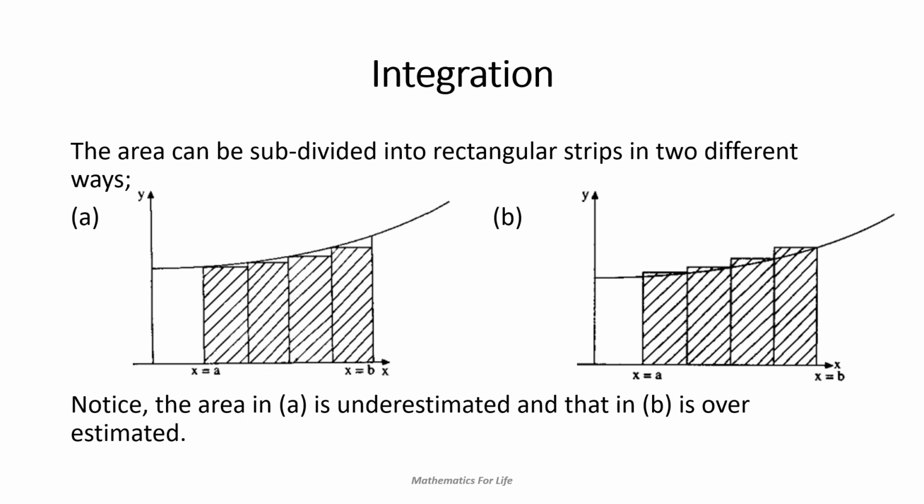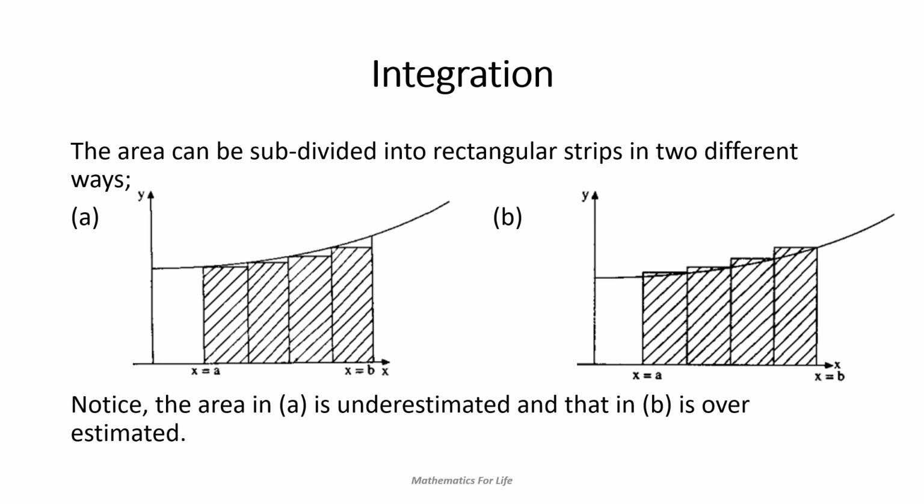Now, the area in question can be subdivided into rectangular strips in two different ways. The first one is by dividing the provided area into 4 strips, ensuring that all these strips are below the provided curve.